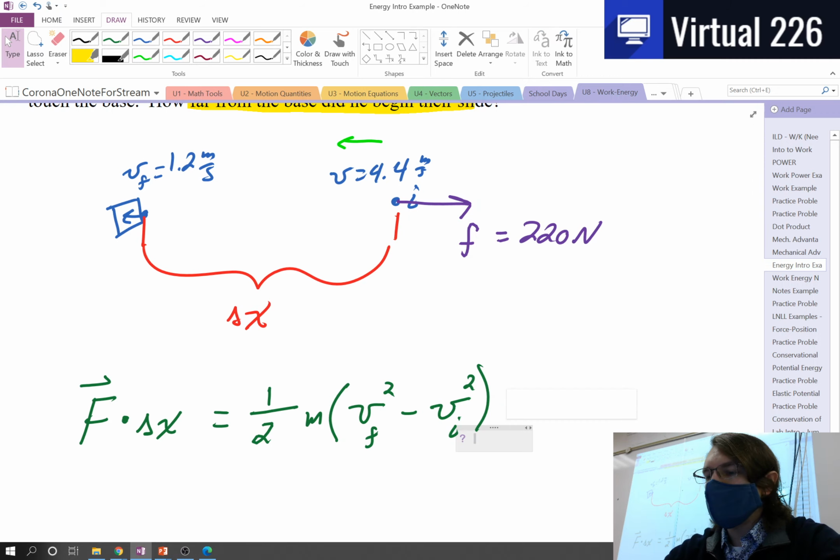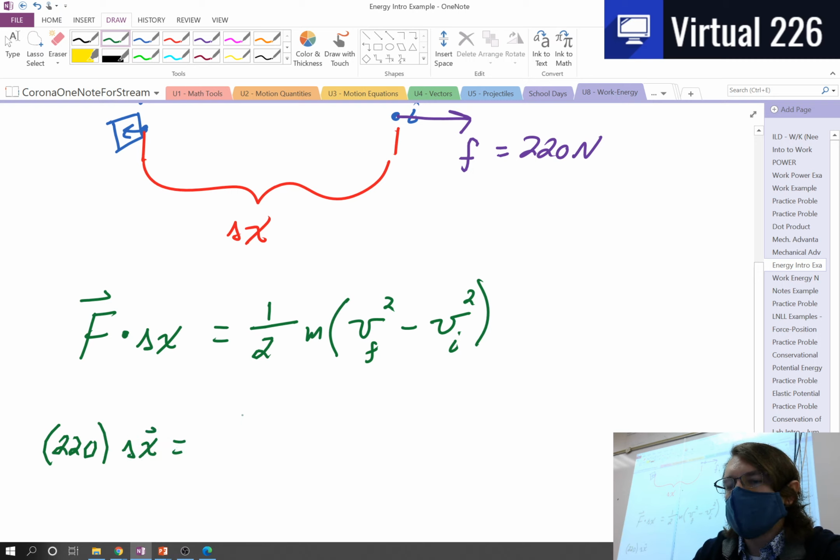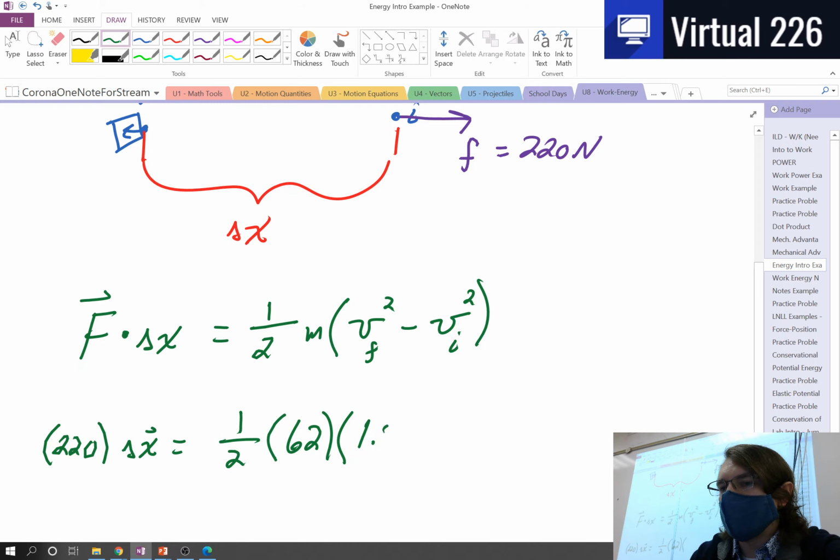So when we look at this here, if we were to put in some numbers, we know our force here is 220. We're looking for a delta x, and this is going to equal 1/2 the mass of our player, which was 62 kilograms, times the final velocity squared, 1.2 squared, minus the initial velocity squared, 4.4 squared.